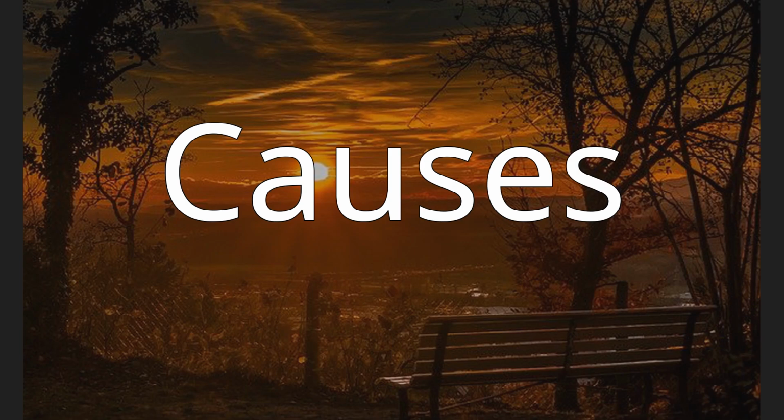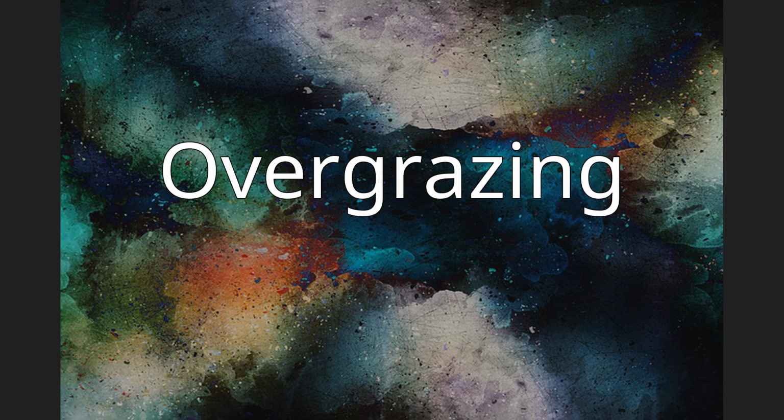Causes: overgrazing. It is thought that grassland degradation is principally attributed to overgrazing. This occurs when animals consume grass at a faster rate than it can grow back. Lately, overgrazing has become more apparent partially because of the increase in urbanization, which makes less room for available farmland.